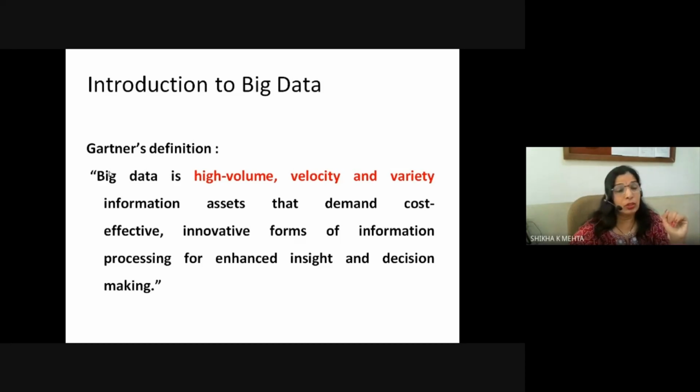Since we have a large amount of data, companies are spending a huge amount on storing it. So how do we make money out of this data and utilize it? To derive useful insights for better decision making, we need to process this data, because storing and processing it requires huge investments.